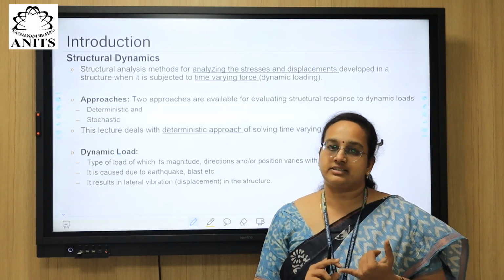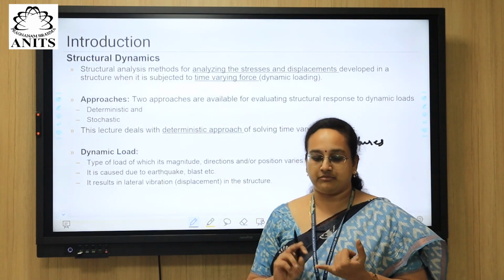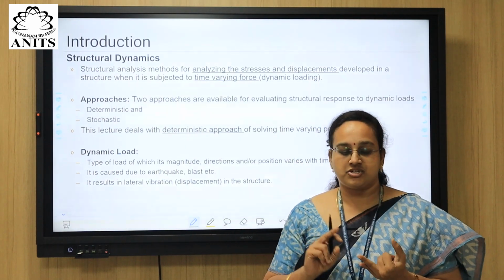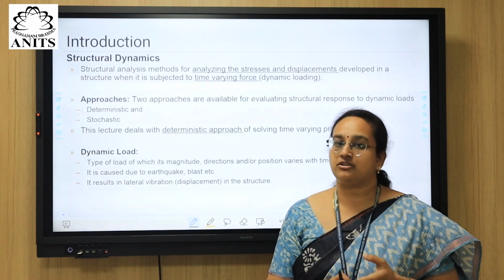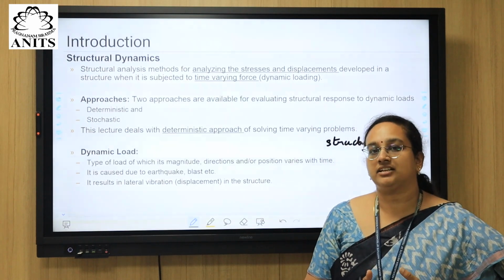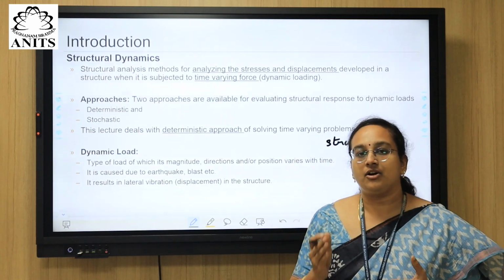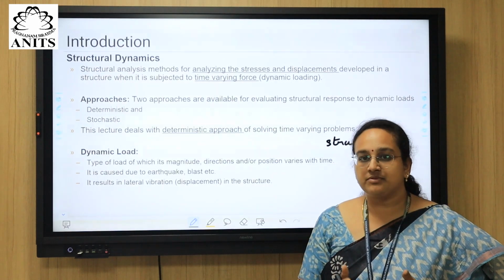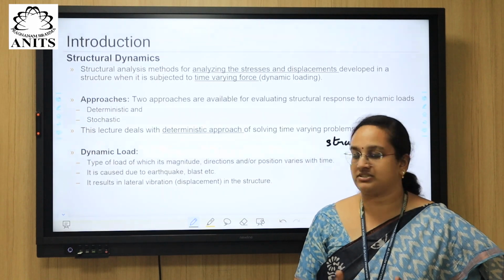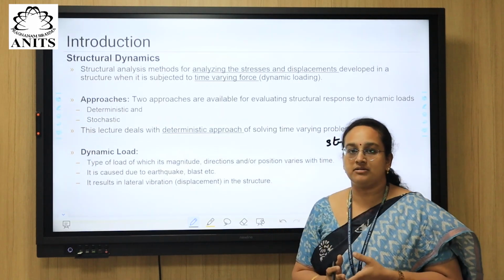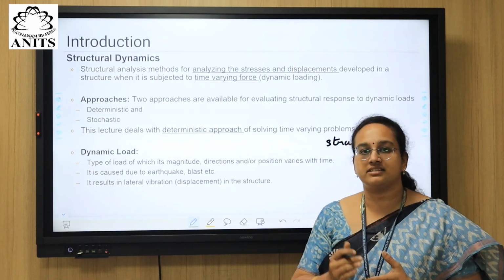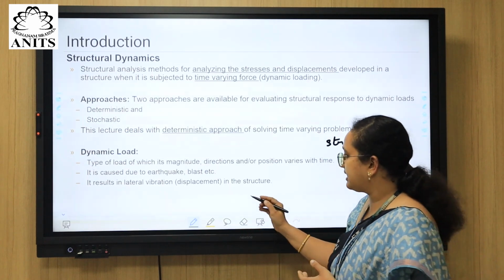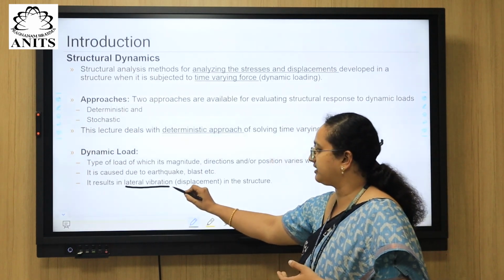So whatever stress resultants we have calculated, be it axial forces, shear forces, bending moment or torsional forces, everything is in terms of transverse displacements. But in dynamic loads, the problem is that lateral vibration is exerted on the building. Now that lateral vibration is the point of concern.